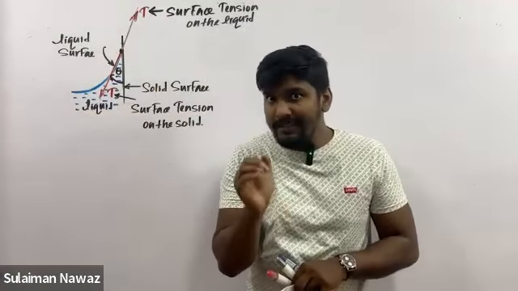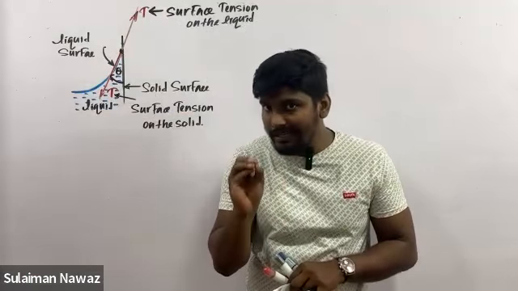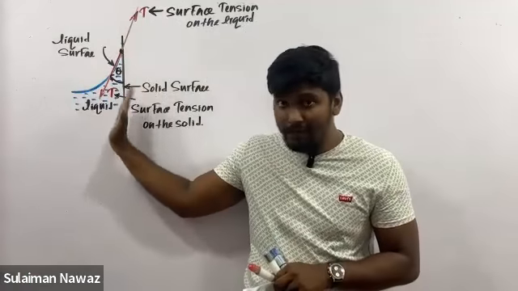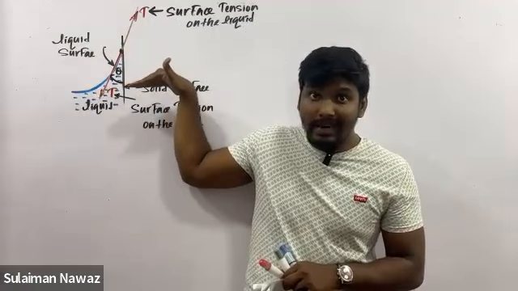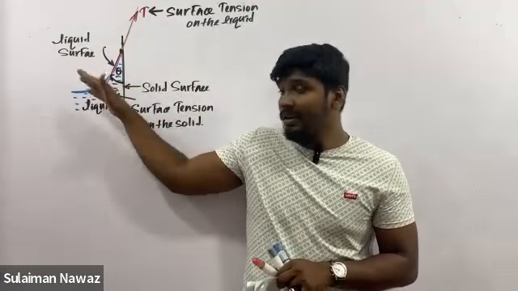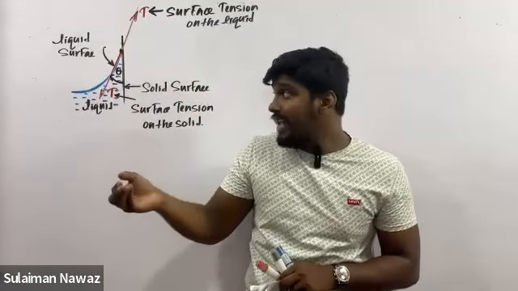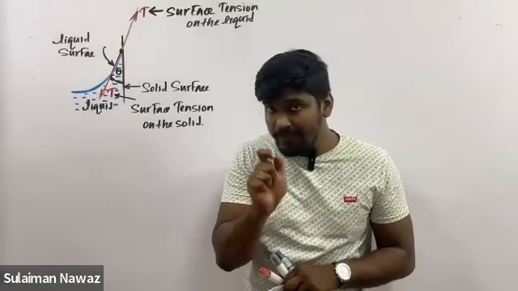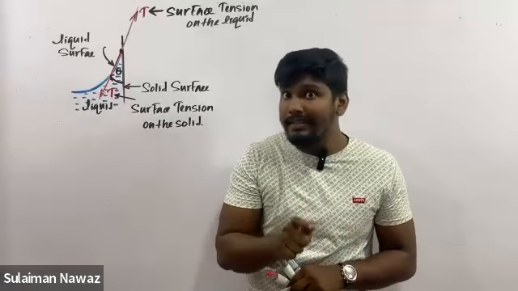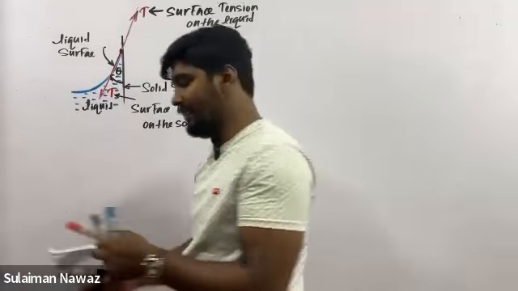Now my question is, very carefully listen. If theta starts measuring from the solid to the tangent line, and if theta is 0, what can we say about the direction of surface tension on the solid? Vertically downwards. Am I correct?